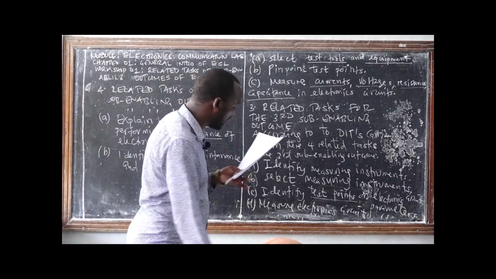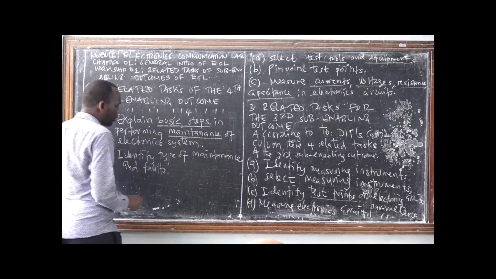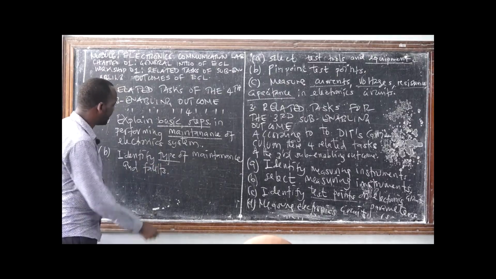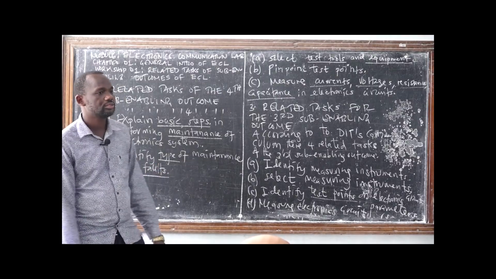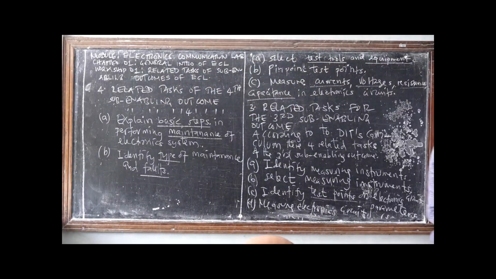A student should be able to identify. We hear again the verb called identify, to identify type of maintenance and faults. So to achieve that first enabling outcome, you should know the basic steps and also should know to identify the type.